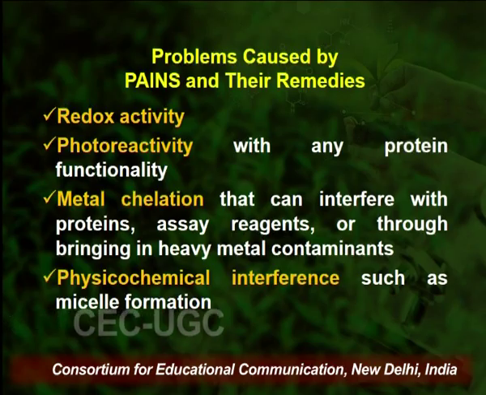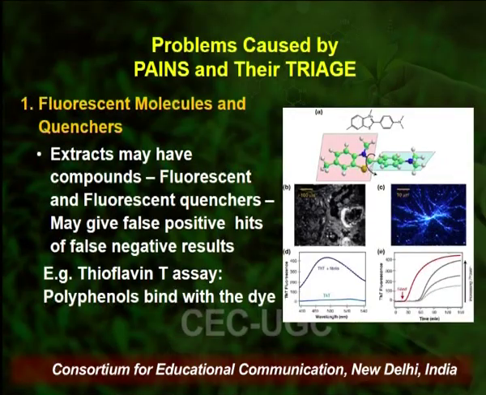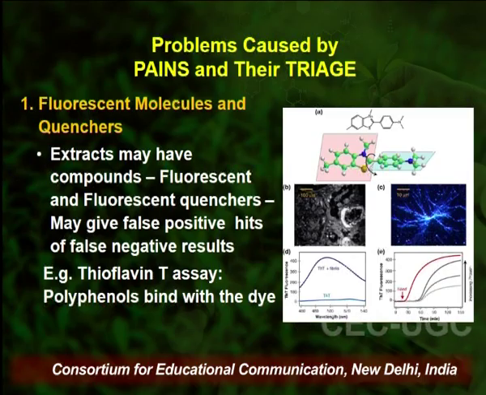So, coming to the first mechanism, that is fluorescent molecules, or I will say photochromatic effects. We discussed that the majority of the assays involve fluorescence measurement as an outcome, and natural product extracts may have compounds which have their own fluorescence.